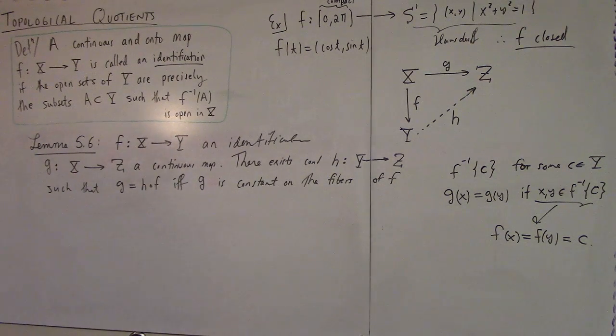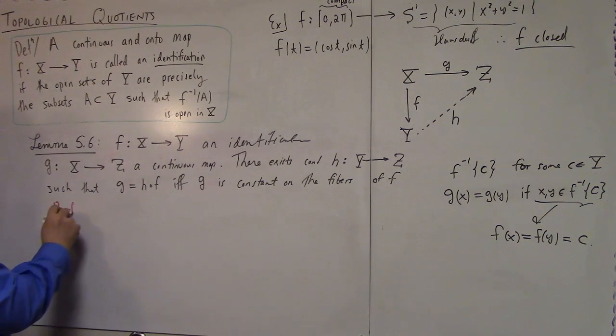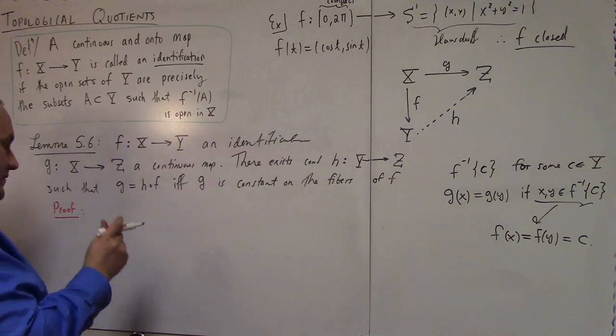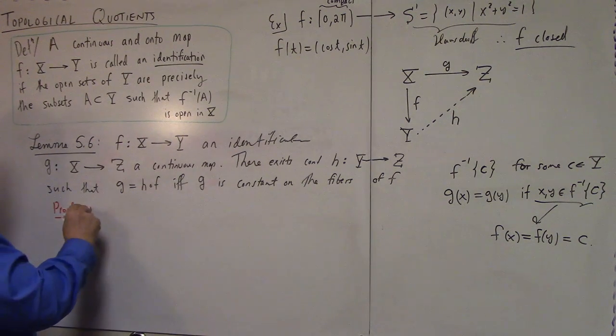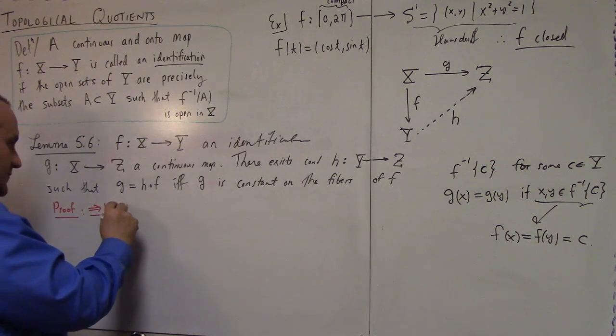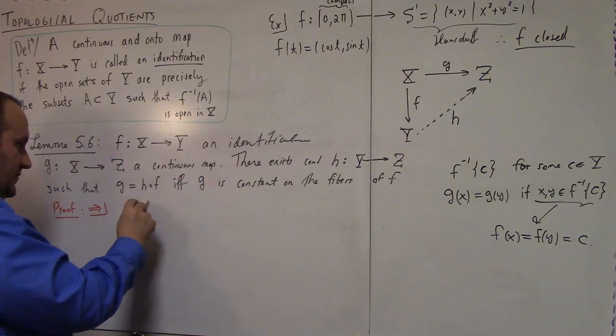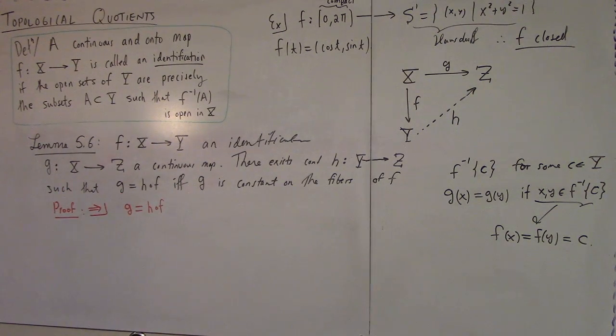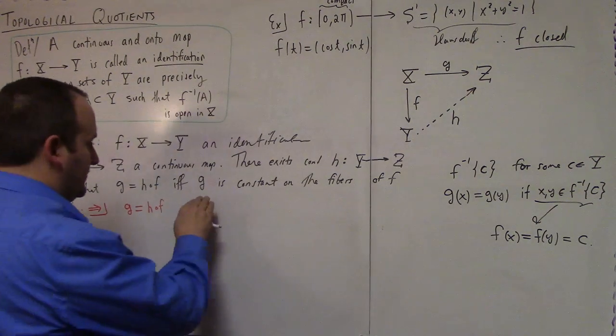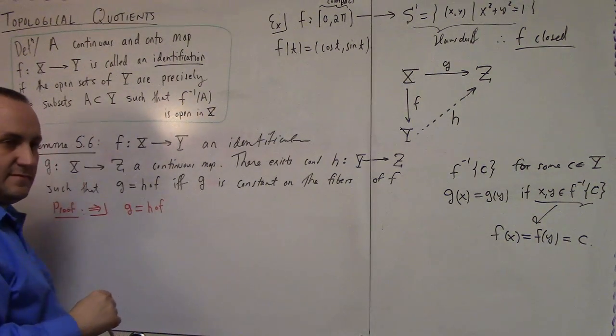All right, so here's the proof. Which direction do you want to go? Assume the conditions of the lemma and I'll go this way first. So we have g equal to h composed with f, where f is an identification and g is a continuous map. We want to show g is constant on the fibers of f.